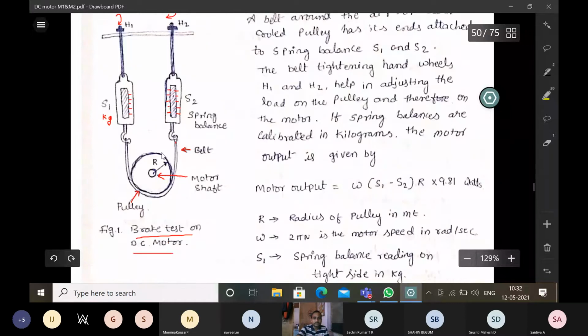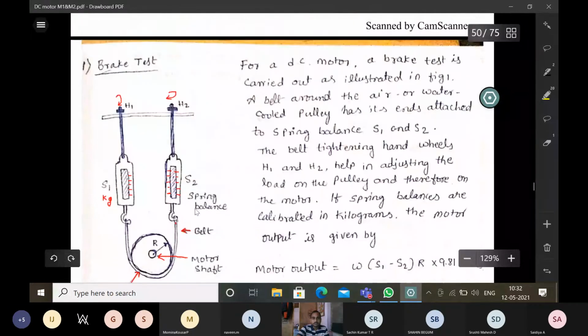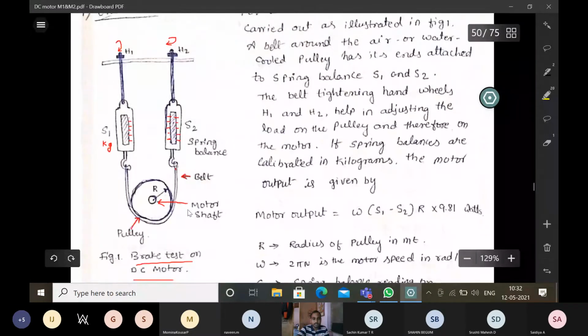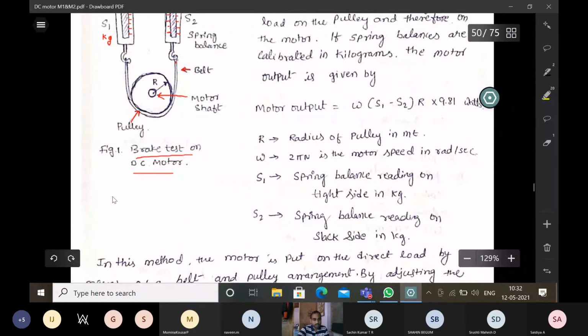Here a DC shunt motor is connected. What is the circuit diagram of a DC shunt motor? All of you know it: the armature is connected to the field.